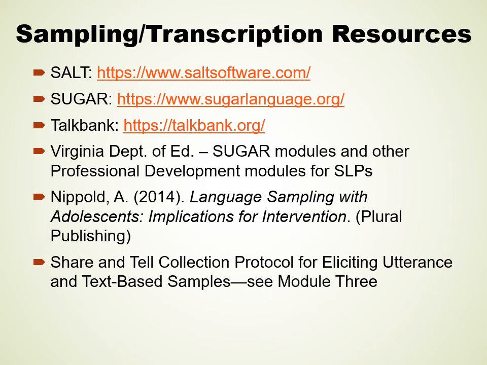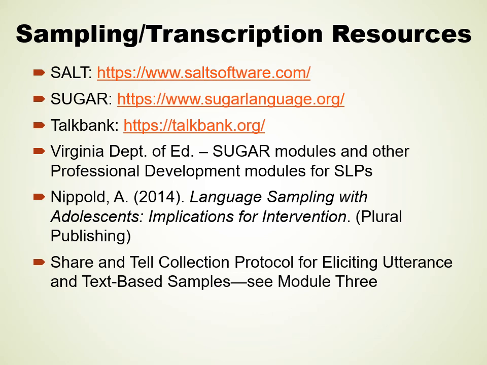Here are some resources for further information about language sampling and analysis. Both SALT and SUGAR have information about how to collect samples and norms for various ages. TalkBank has CLAN, another language transcription and analysis method that we did not talk about in this module.